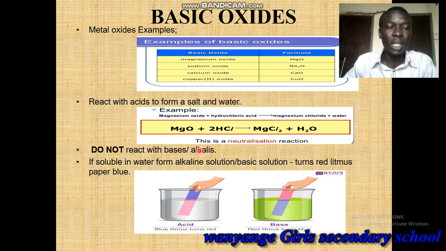Okay, now basic oxides do not react with bases. Note that again. Basic oxides do not react with bases. Let me give a funny illustration. Human beings normally are not supposed to hit human beings. Men are not supposed to marry men because they are of the same category.